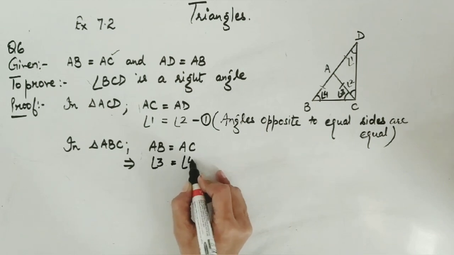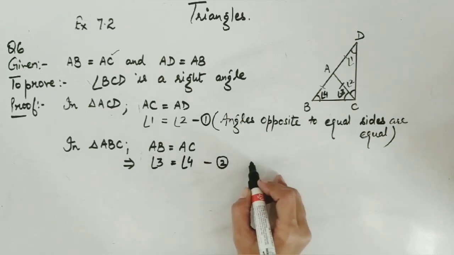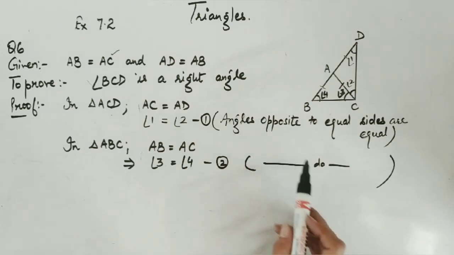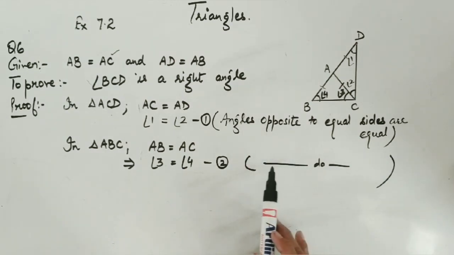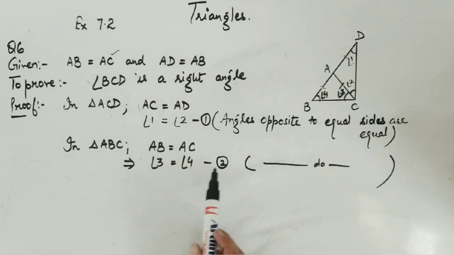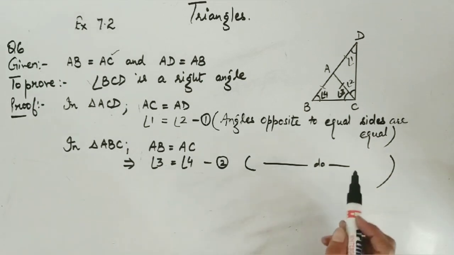So that means angle 3, angle 4 are equal. Same reason, I'll just write ditto over here. The same reason needs to be copied here, which means angles opposite to equal sides are equal. Equation 1 says 1 and 2 are equal, equation 2 says 3 and 4 are equal.